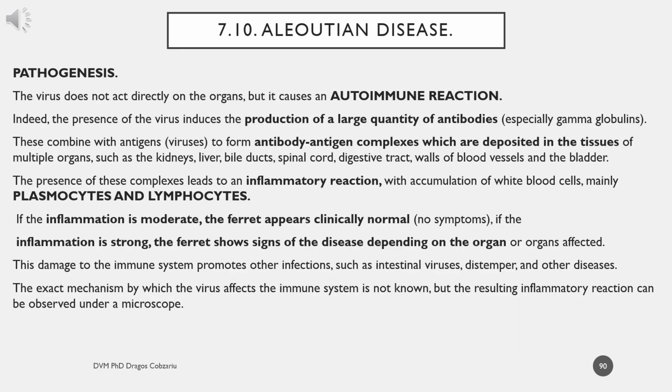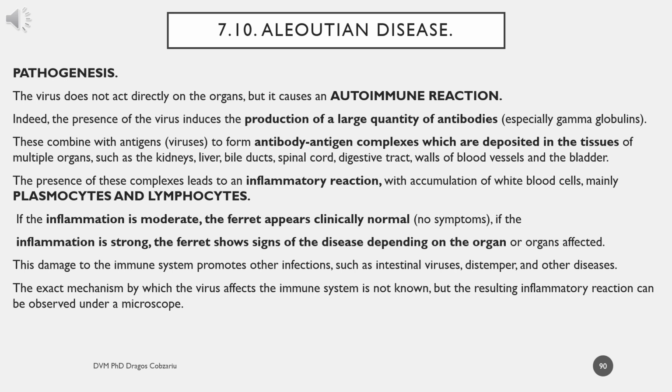The virus does not act directly on the organs, but it causes an autoimmune reaction. Indeed, the presence of the virus induces the production of a large quantity of antibodies, especially gamma globulins. These combine with antigens, viruses, to form antibody/antigen complexes which are deposited in the tissues of multiple organs, such as the kidneys, liver, bile ducts, spinal cord, digestive tract, walls of blood vessels and the bladder.